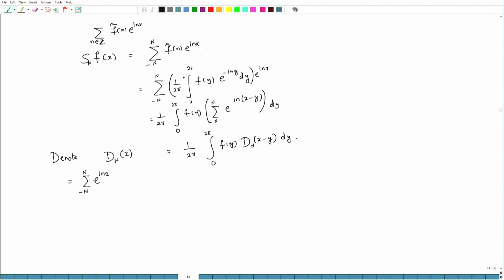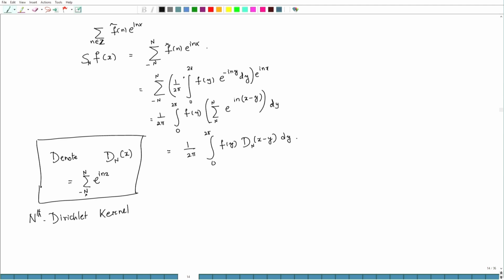This d n is called the Dirichlet kernel. To make this significant, let me call it the nth Dirichlet kernel.